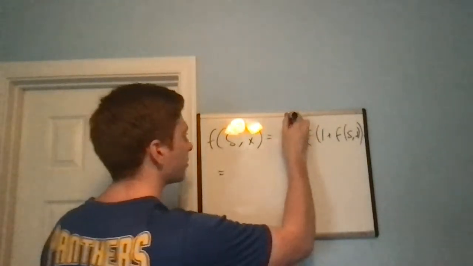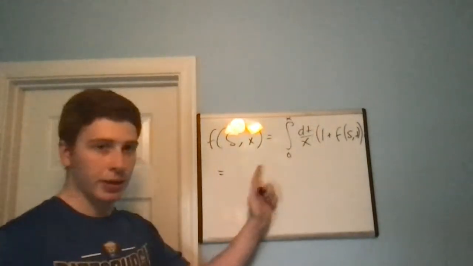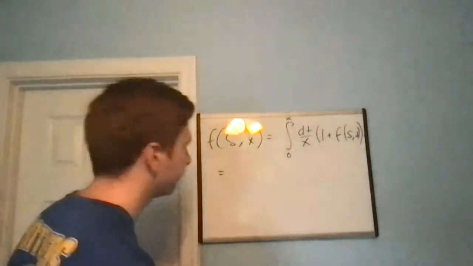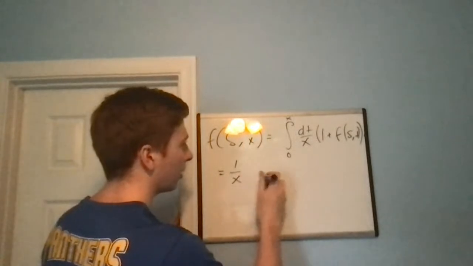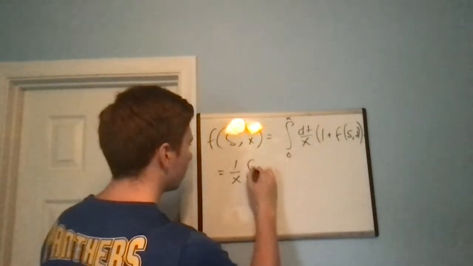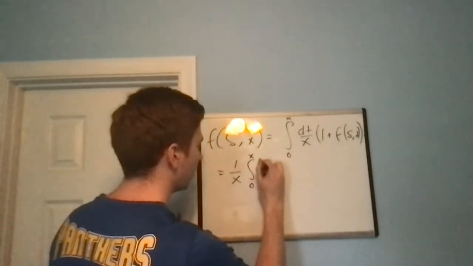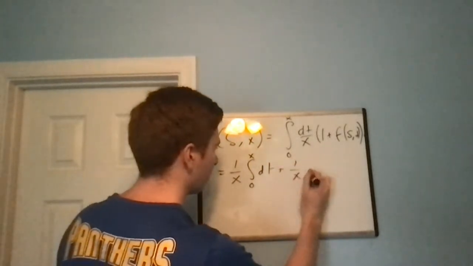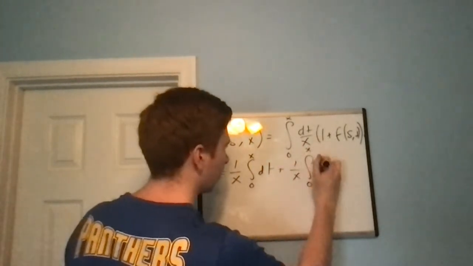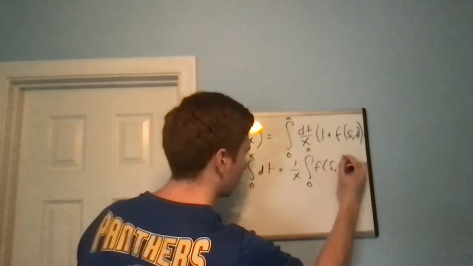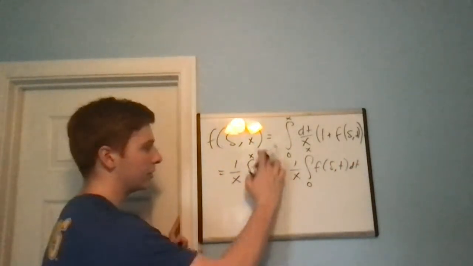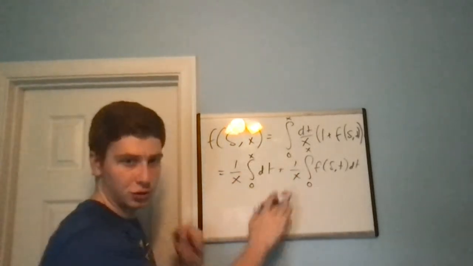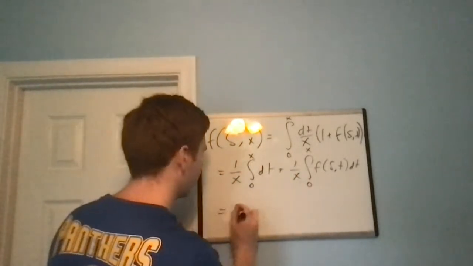This upper bound here is x. x1 can be anything from 0 to x. So let's pull out a 1 over x, and then we'll split this. And then this here, this is just x, so this becomes just a flat 1.